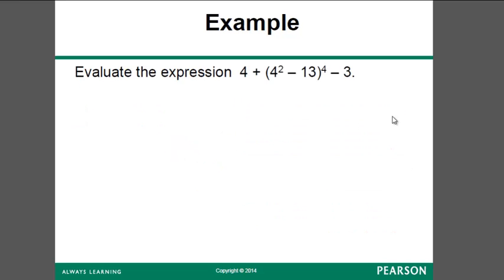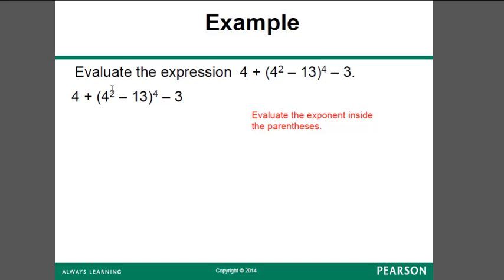Here we have parentheses, we have exponents. Okay, so we need to do what's inside the parentheses first, which would be all of this. Inside that parentheses, what do we need to do first? We actually need to do this exponent first.